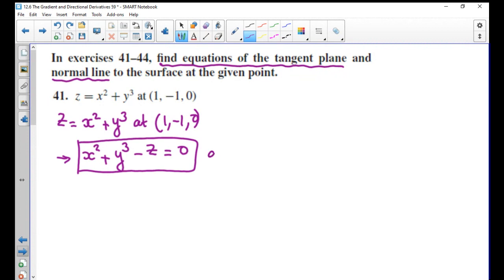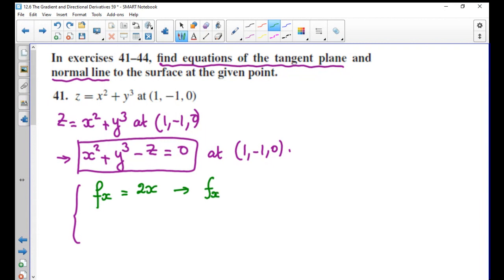Now, at the point (1, -1, 0), I want to find the equation of a tangent plane. What do we need here? Yes, fx. Again, you can see that these partial derivatives are really important. They're always there. So we need fx. Here, it's going to be 2x.